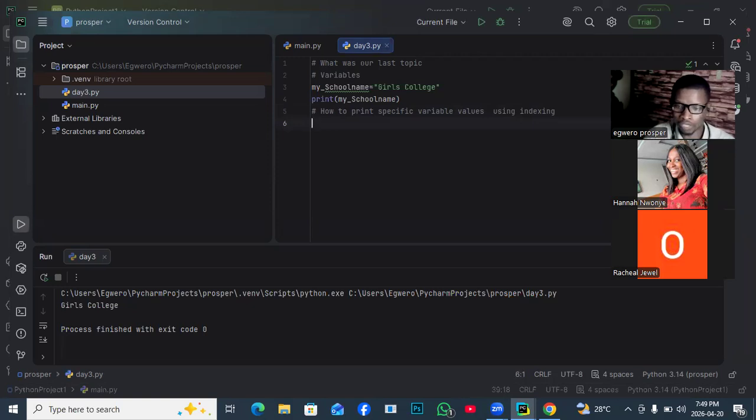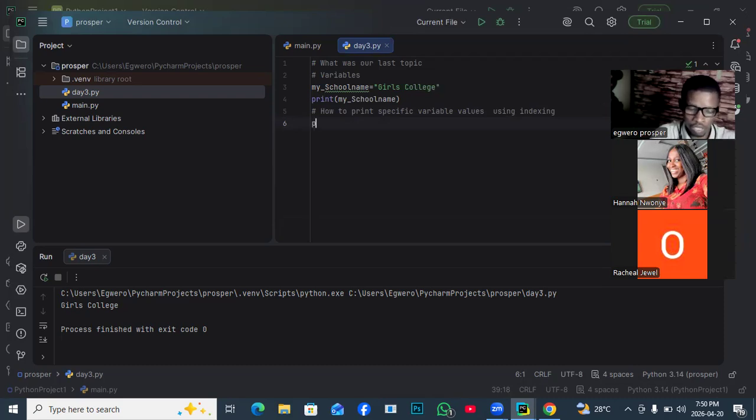Every element in an array or in a variable has a numerical positioning number, where the first item is at 0, and then the second item is 1. So we perform a simple task. Let's say we want to print letter G from get only, instead of printing the entire value in the variable.